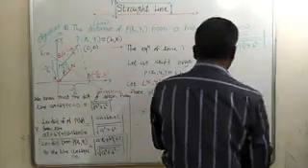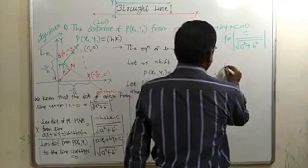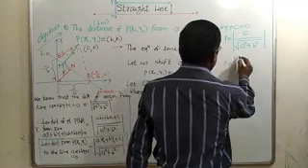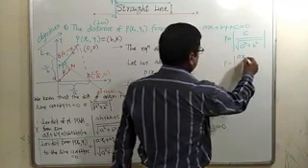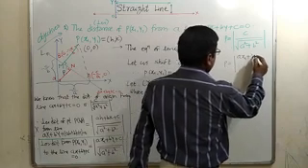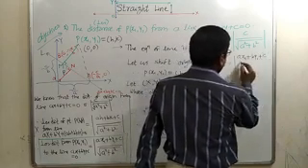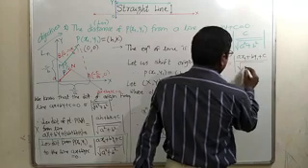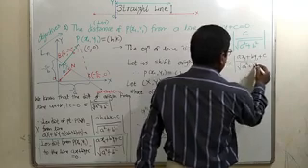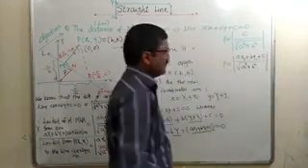That formula is: the perpendicular distance P from any point (x1, y1) to the line ax plus by plus c equal to 0 is the modulus of ax1 plus by1 plus c upon root a square plus b square.